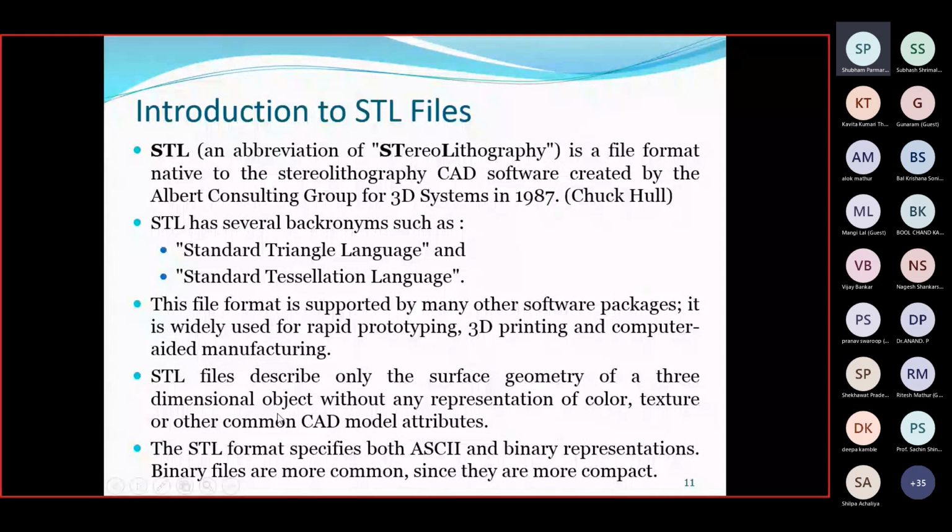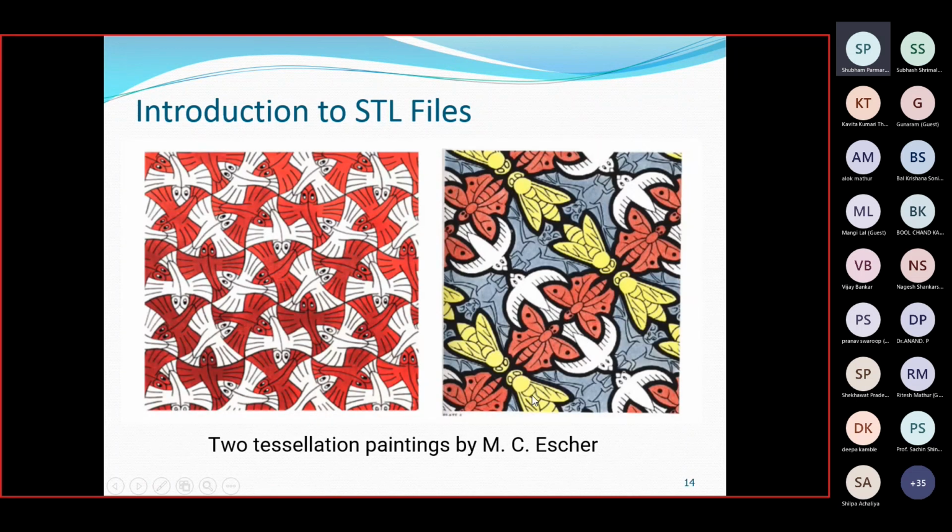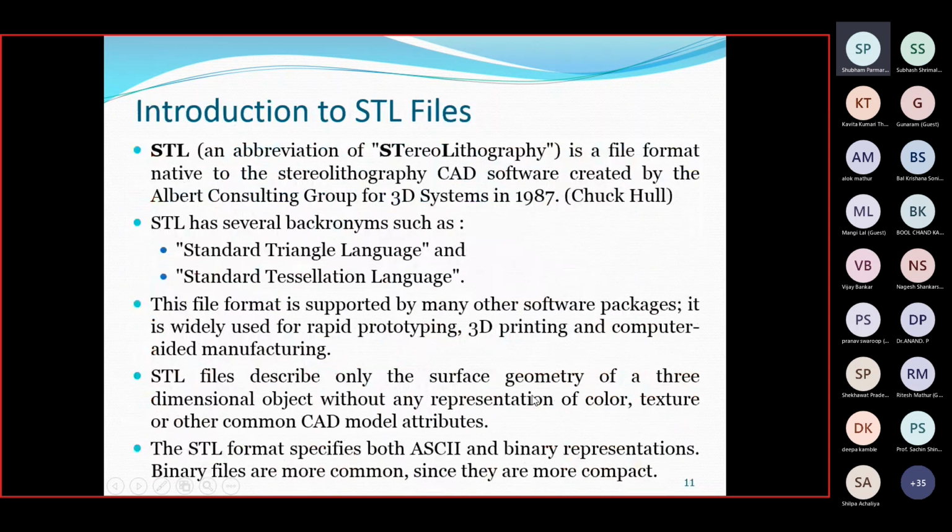Okay, so how do STL files describe a particular surface? It is going to represent each object as a 3D object in surface geometry, and it divides only the surface of that geometry, without color, without texture, and without any other attribute of that model.